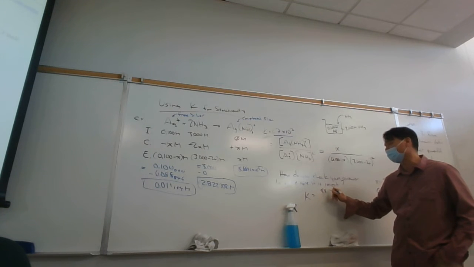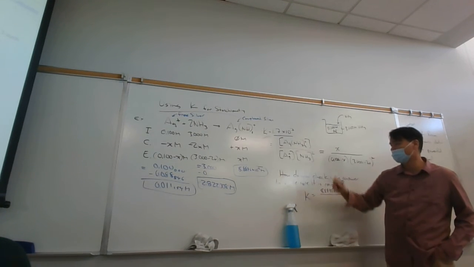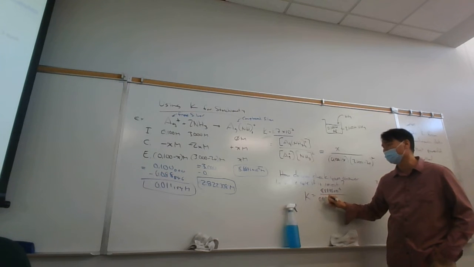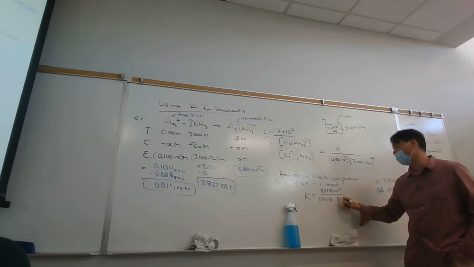This is going to be 8.8846 times 10 to the minus 2 divided by, okay, it's going to be the silver ion concentration, 0.011154, divided by 2.822308 squared.